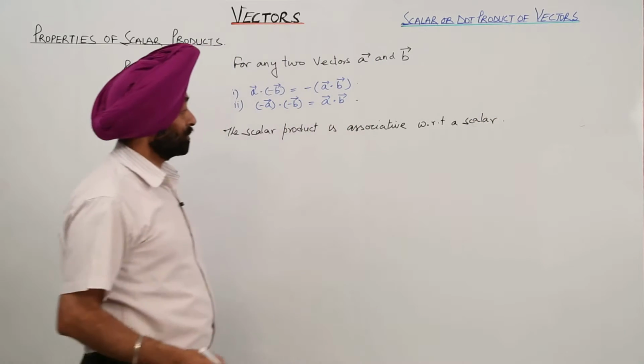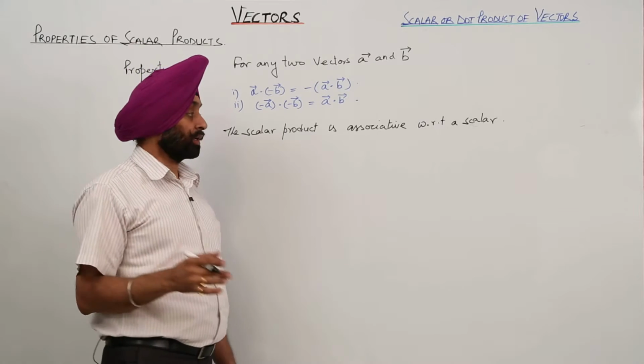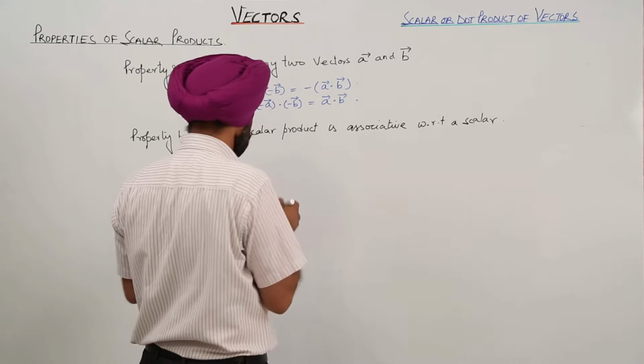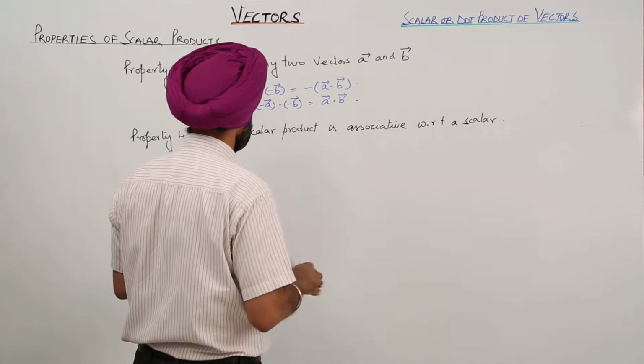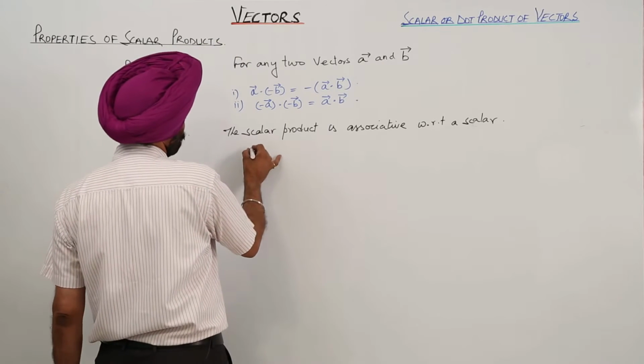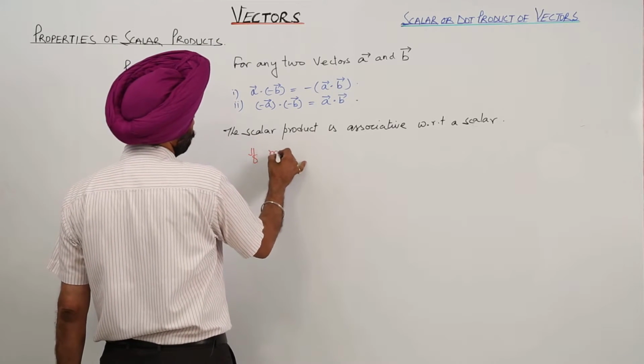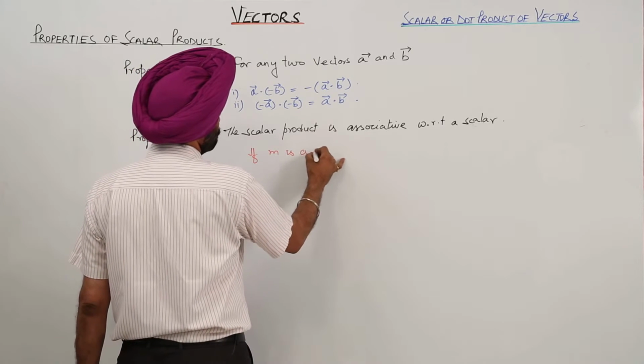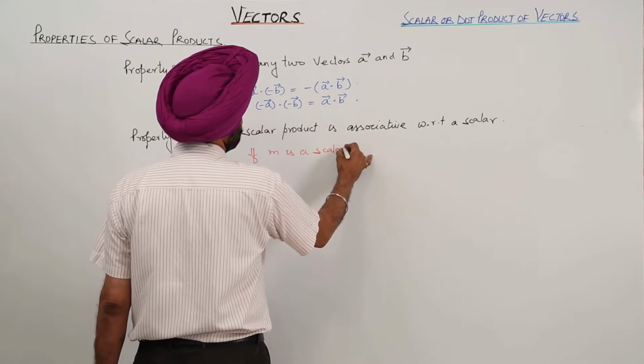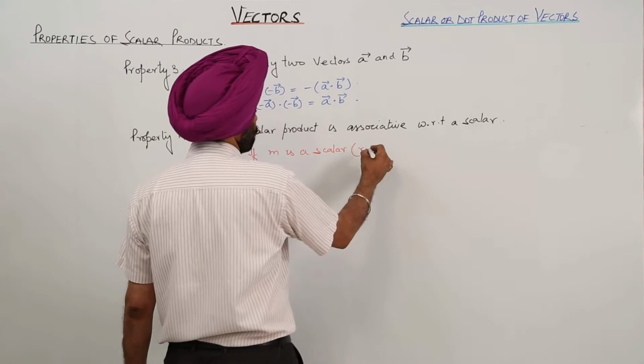The scalar product is associative with respect to a scalar. Now if M is a scalar, we can write it any real number.